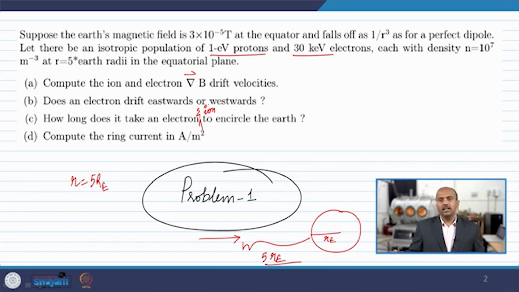This gradient drift velocity is a function of the charge, so the direction of the drift will be different for electrons and ions, the negative and positive charges. We have derived an expression for the gradient drift velocity, and we have to use that formula to get this problem done. So, let us start with what we are given and how we can do it.